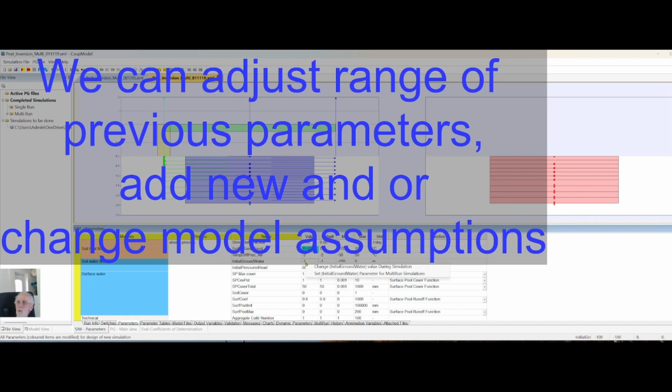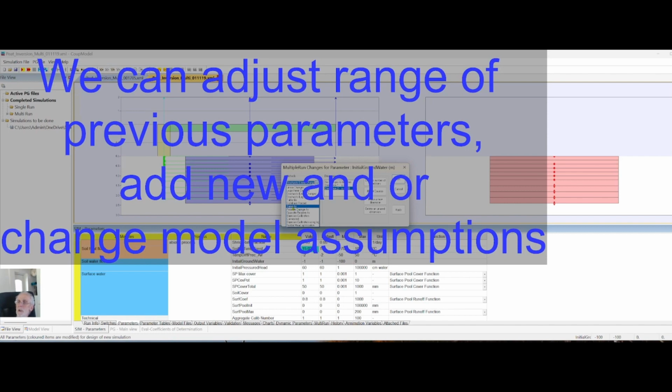But the most governing is actually this groundwater level. So this is a good candidate to give it a range. So I set that for the multi-run, and then I put that to dimension 2. And then we should take a method. Before we have normally been taking a type of stochastic linear change. But we have also another option that is attractive here.